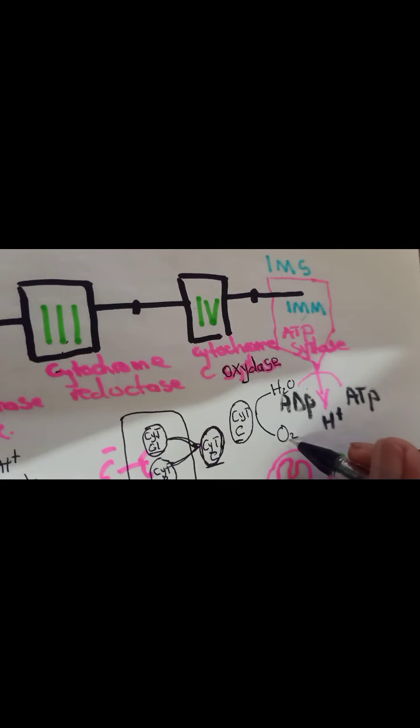We take the cytochrome C and we reduce oxygen to produce water. And in the last step we bring in ATP synthase, with which we are going to produce our ATP.